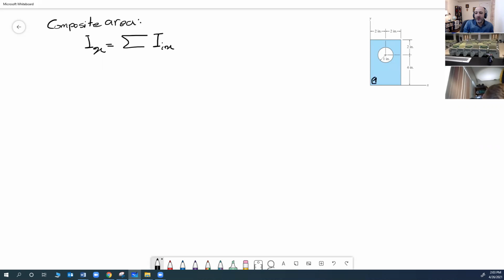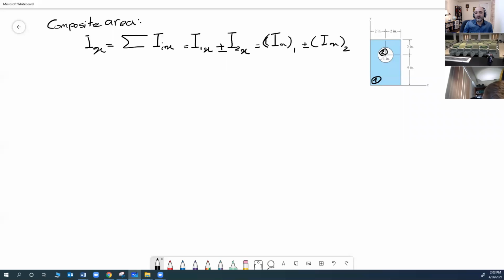Let me call this area 1, let me call this area 2. So it's pretty much I about x for area 1 plus I about x for area 2, or maybe a better notation would be Ix for area 1 plus Ix for area 2, whichever is more clear to you. That means moment of inertia for area 1 plus moment of inertia for area 2. In this case, however, the area is deducted from it, so it should be minus.